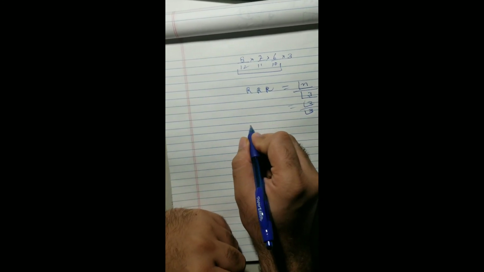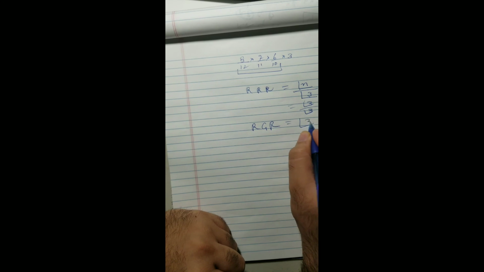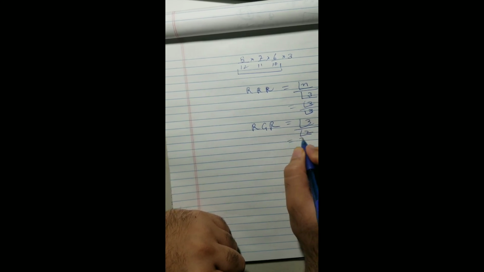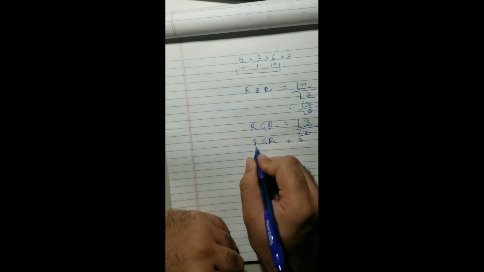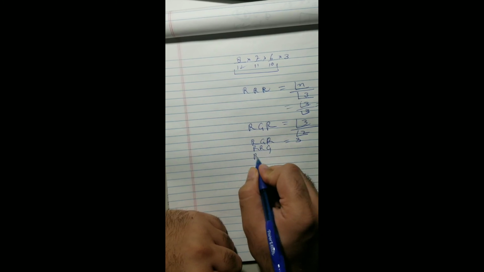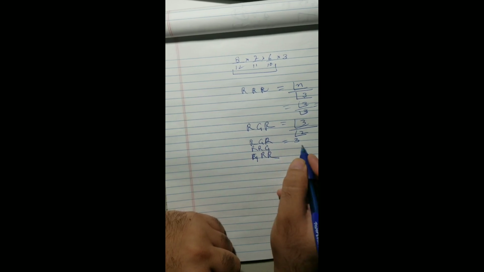For example, had this been the case, RGR means 1 red ball, 1 green ball, 1 red ball. In that case, factorial 3 over factorial 2. That means there are 3 ways to do this, which are RRG, RGR, and GRR. Now, why 3?